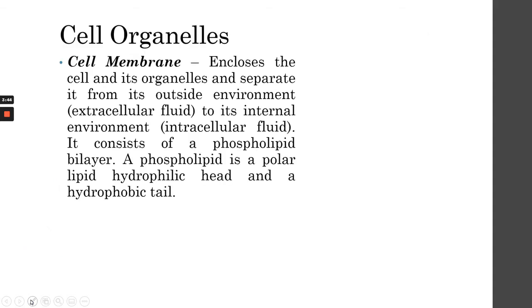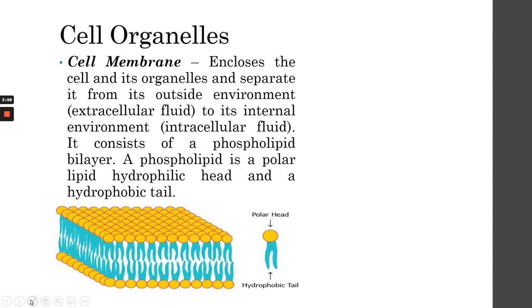Cell organelles. The first part is not basically an organelle, but what we call the cell membrane, or in other words, the plasma membrane. This is what encloses the cell and separates the cell from its environment.